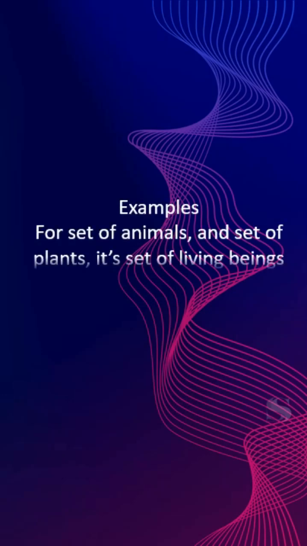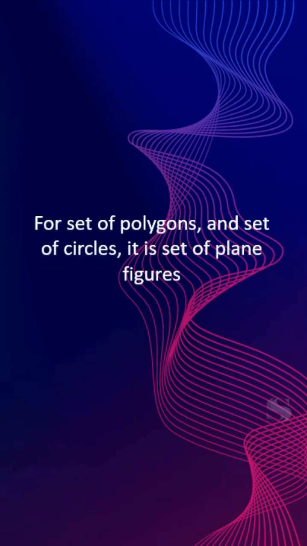For a set of animals and a set of plants, the universal set is the set of living things. Here, the set of plants is the complement of the set of animals, and the two together make the universal set, that is the set of living things. Obviously, the set of animals complements the set of plants. For a second example, consider the set of polygons and its complement, say, the set of circles.